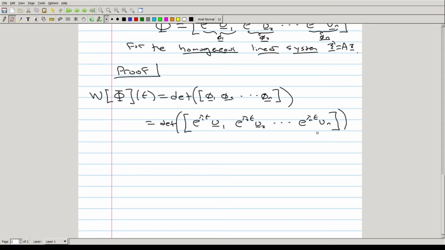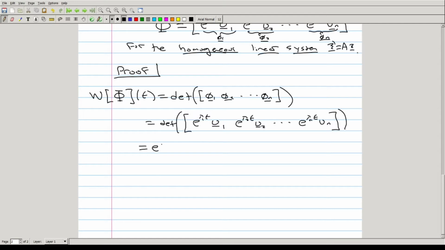and one of the major properties of determinants from linear algebra is that if you have a multiplicative constant in one of the columns of the matrix you're taking the determinant of, that will come out of the determinant as a multiplicative constant on the entire determinant. So we can do this for each one of the columns.